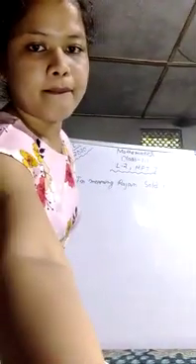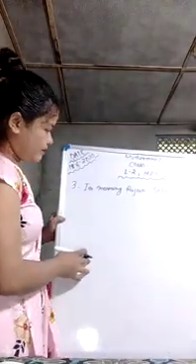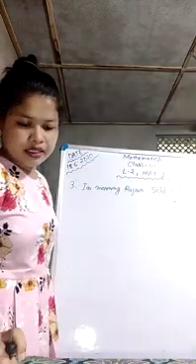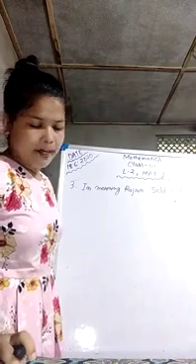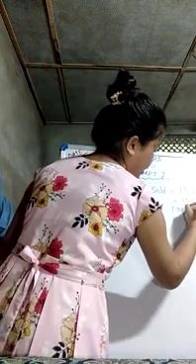Okay. In morning Rajan sold 153 apples. So when we round off 153 apples to nearest tens, it will be 150. Okay, in bracket you write nearest tens.